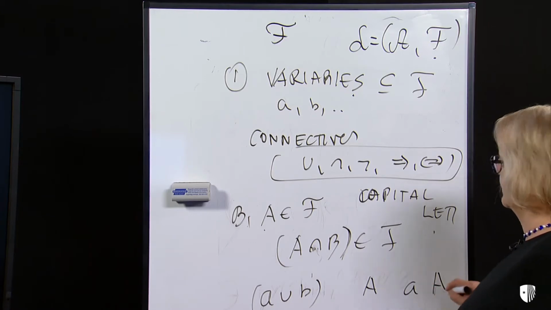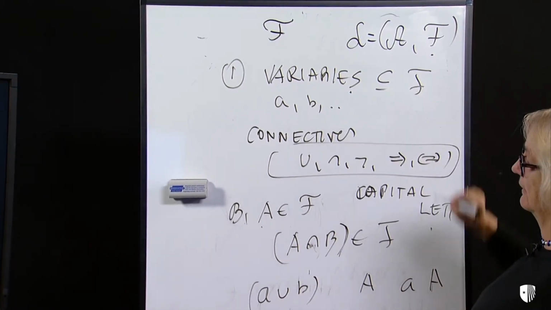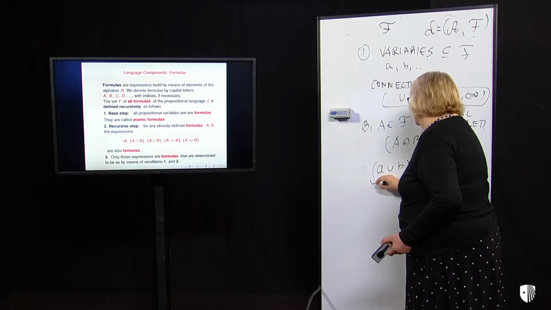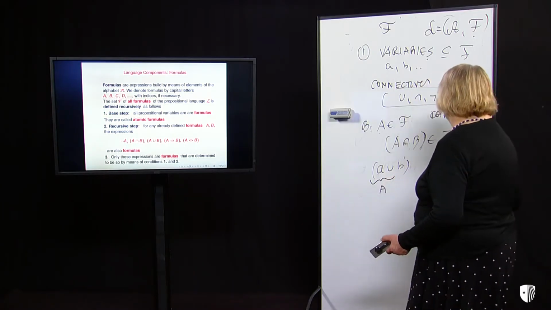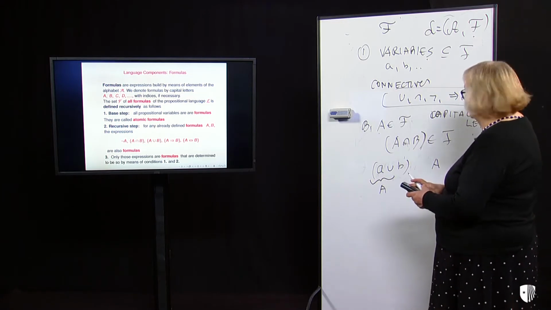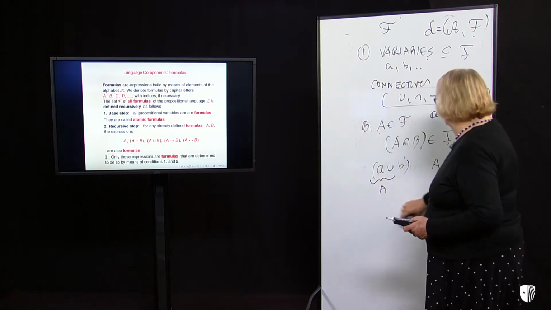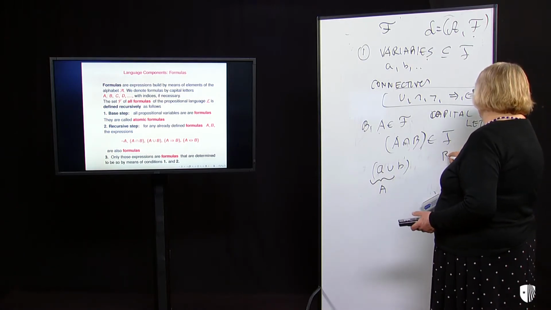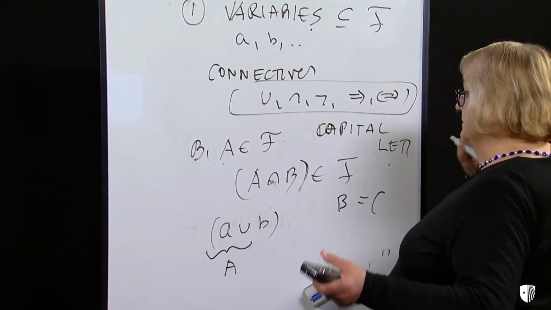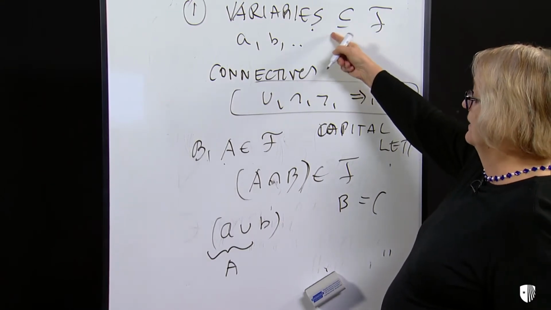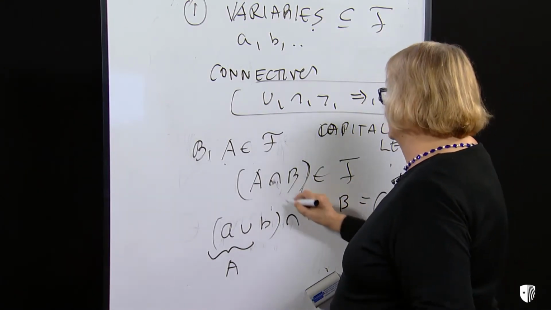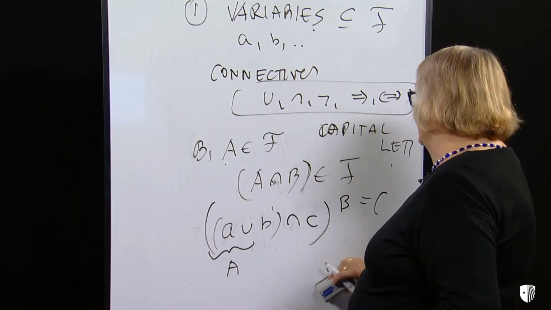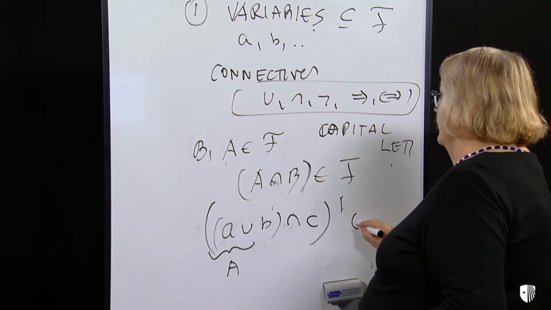A can also be a capital letter, because all variables are formulas. So that can be our formula A, and if I have another formula B, for example, let's say C, because variables are formulas, then (A and C), with parentheses around, is your formula.